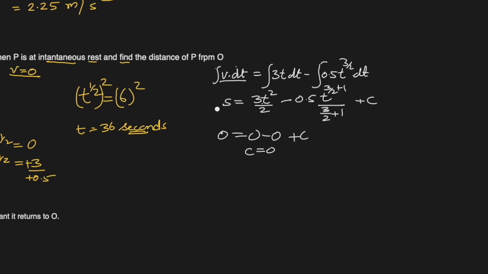So we will just substitute t equal to 36 straight away. So s equal to 3 over 2 times 36 squared, minus 0.5 times 36 to the power how much? 3 over 2 plus 1, 5 over 2, divided by 5 over 2, and I will write divided by 2 on top because denominator of a denominator is numerator, and there's no need to write c anymore now.